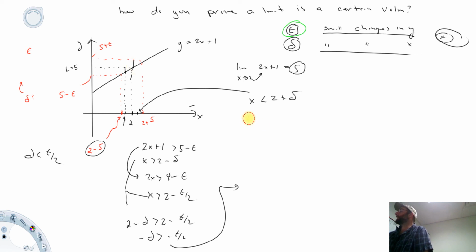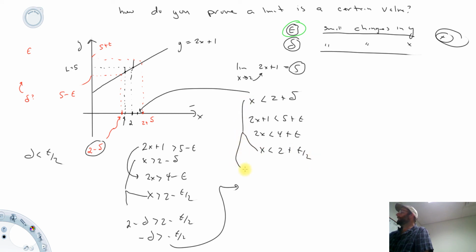So our function here now is 2x plus 1. We need to be less than 5 plus epsilon. Now, if we subtract the 1, we're going to have 2x less than 4 plus epsilon. If we divide by 2, it's going to read x less than 2 plus epsilon over 2.